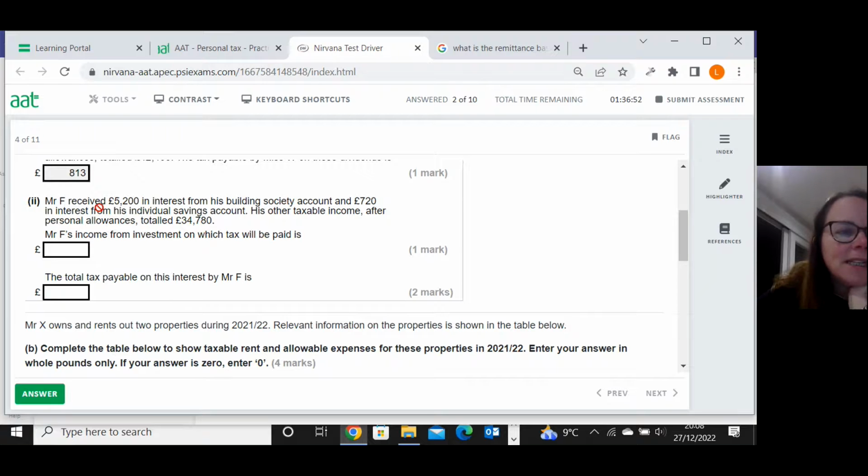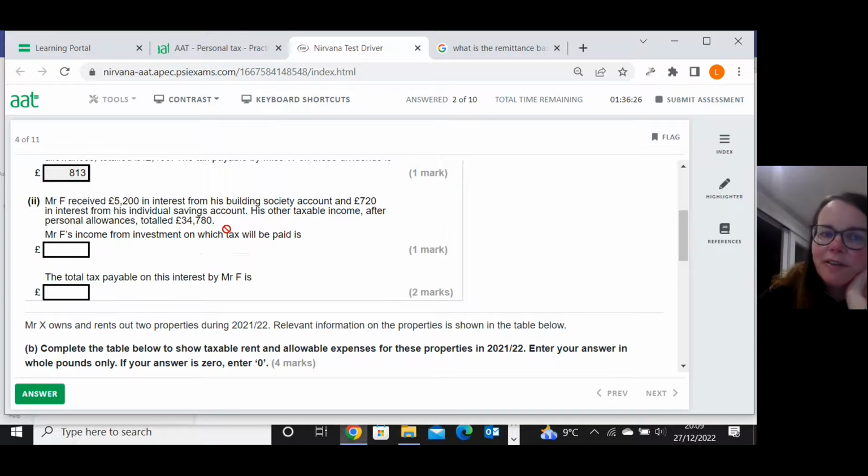So first of all, Mr. F said we know that the ISA is exempt. So we're only interested in this 5,200. His other taxable income is 34,780. That was after personal allowances. And then if we add on the 5,200, we can see that he becomes a higher rate taxpayer.